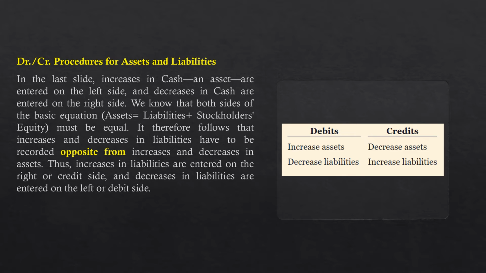It therefore follows that increases and decreases in liabilities have to be recorded opposite from increases and decreases in the assets. Thus increases in liabilities are entered on the right or credit side, and decreases in liabilities are entered on the left or debit side.